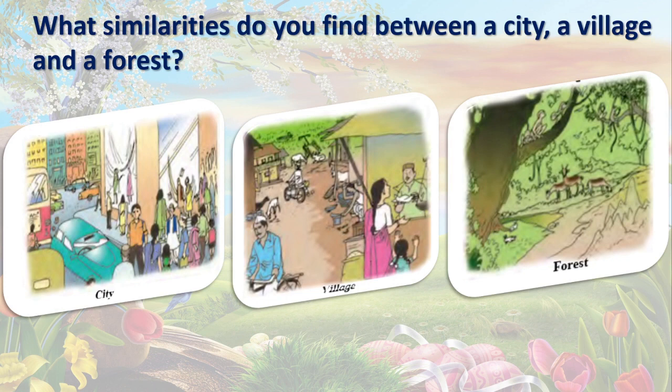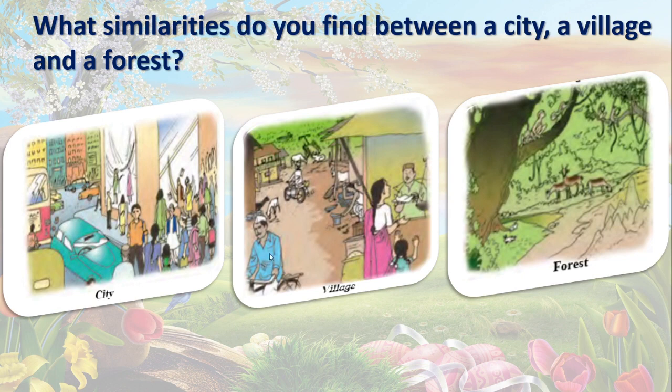Isn't it? Yes, here also the people are visiting the malls, they are visiting the shops to get their basic needs. Correct? In villages also, here we can see a woman with a child. She is purchasing some eatables.